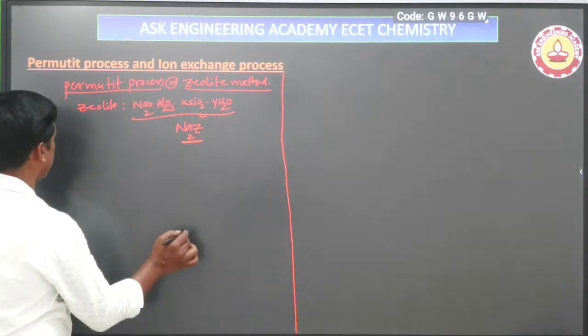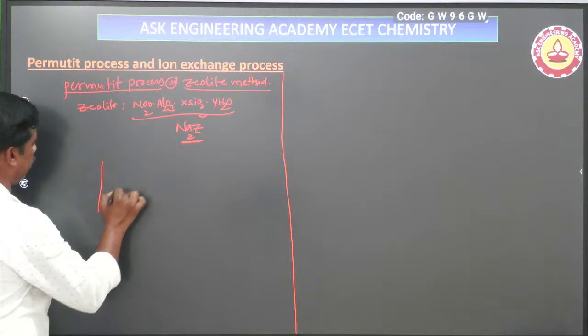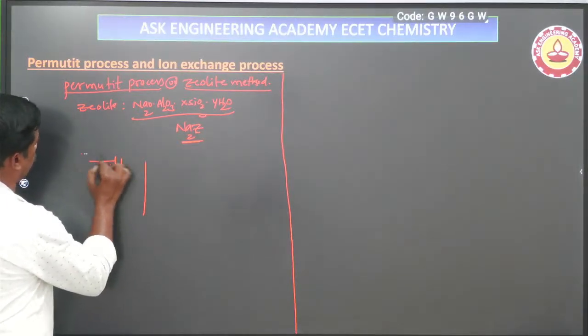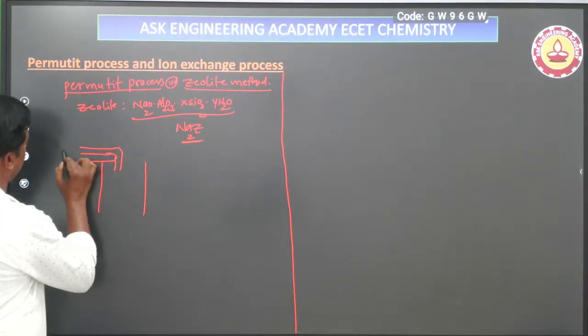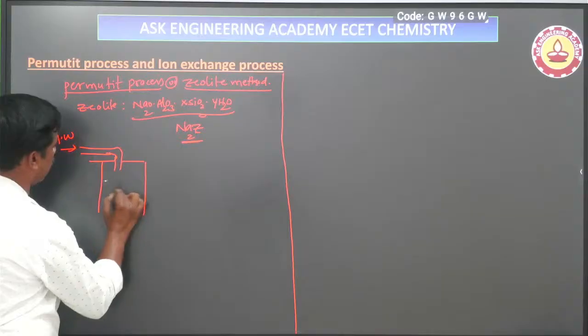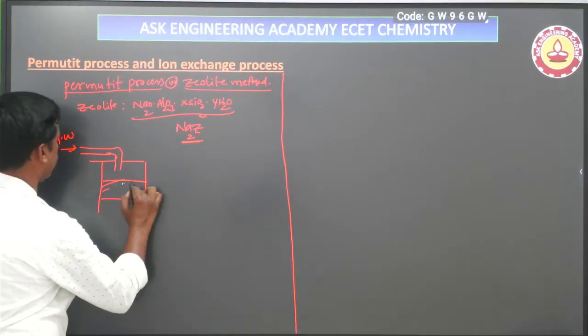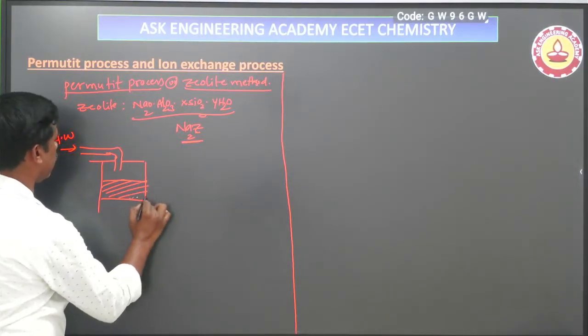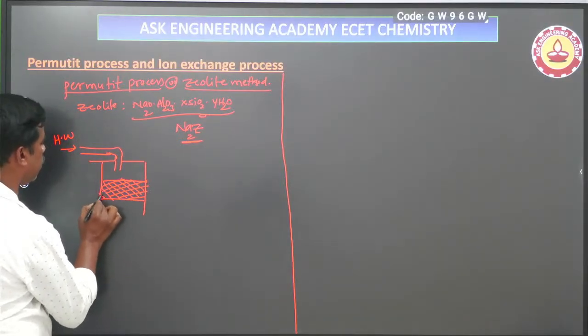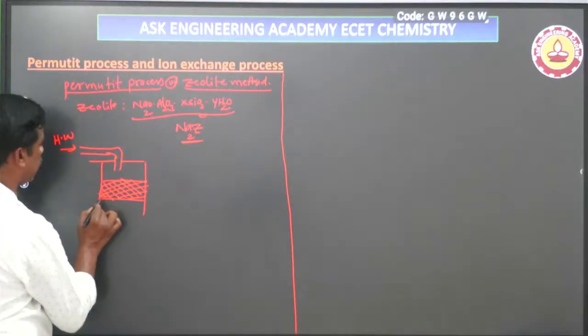Here I am drawing a small diagram. Here is the zeolite bed. Hot water is coming to this tank. This tank contains the zeolite bed, which has a large number of microporous structures. The hot water contains many dissolved calcium and magnesium salts. This is sodium zeolite, Na2Z.